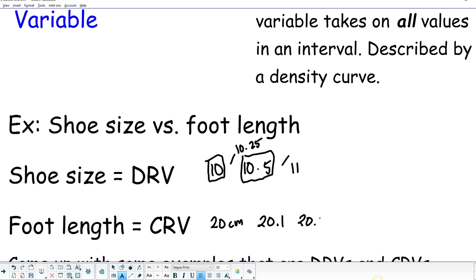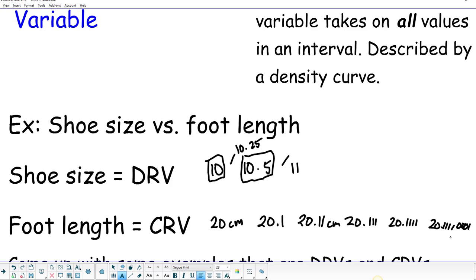Maybe it's just a little bit longer, and I have something else that goes down not to just the millimeter, but it goes down to the next level, 20.11 centimeters, or even further, 20.111, or 20.11111, or even 20.111100001. If I have precise enough instrumentation, I could go to as many decimal places as I want.